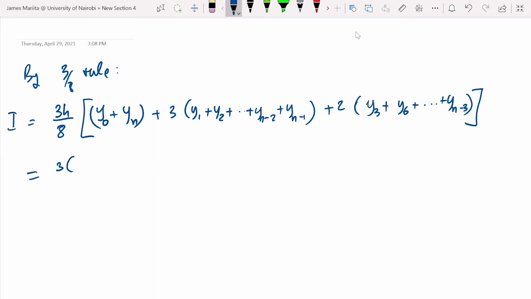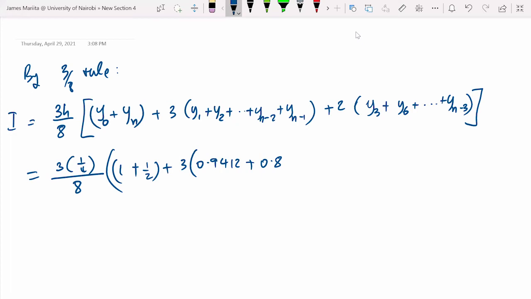So how is this one going to be? We have y naught. What is going to be our y naught? 1, and yn is a half, plus 3 times y1, which is 0.9412, sorry, plus y2, 0.8. yn is y4.